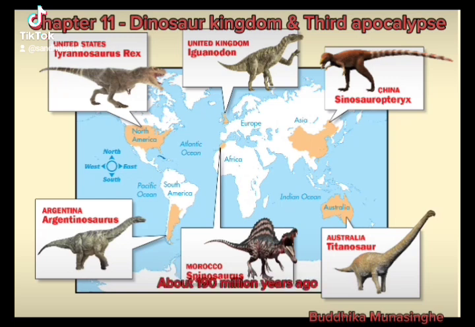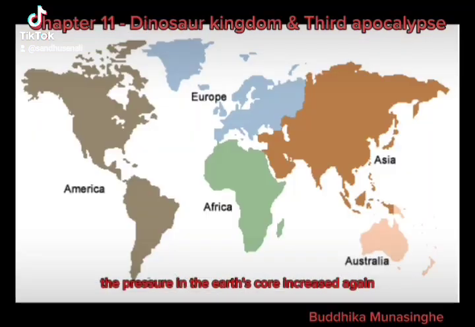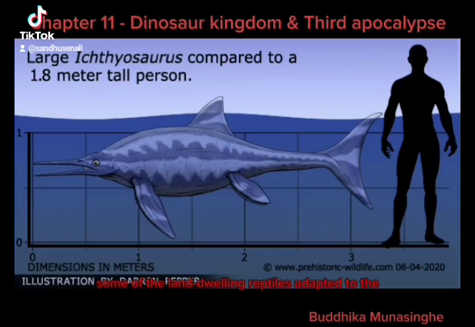About 190 million years ago, the pressure in the Earth's core increased again and the huge island began to break into 5 parts. They later became continents. They were Africa, America, Australia, Europe and Asia. Some of the land-dwelling reptiles adapted to the Atlantic Ocean and transformed into swimming reptiles such as Ichthyosaurus and Pliosaurus.